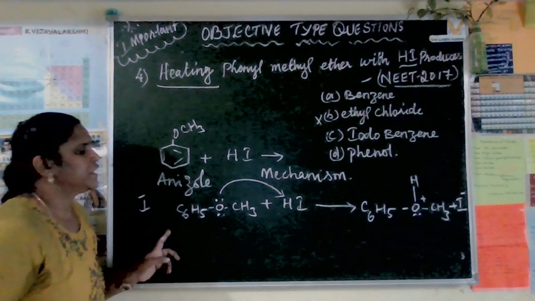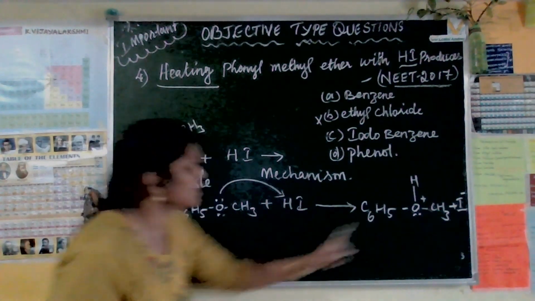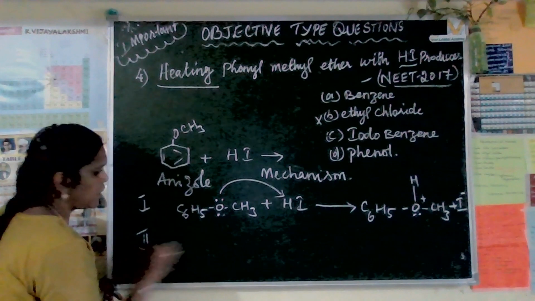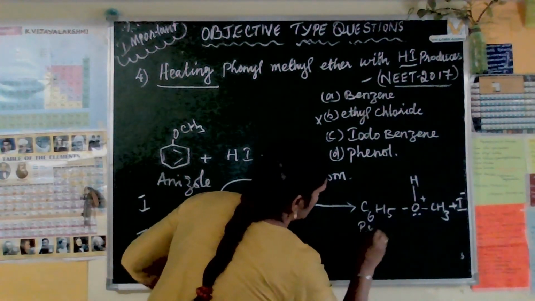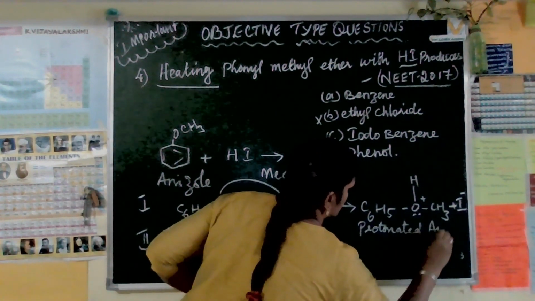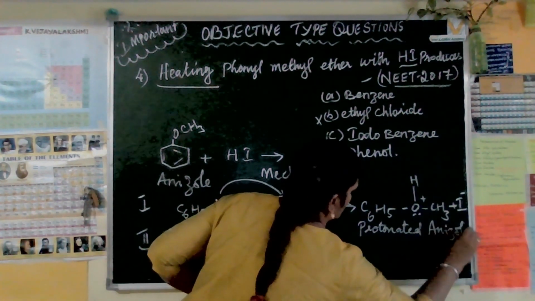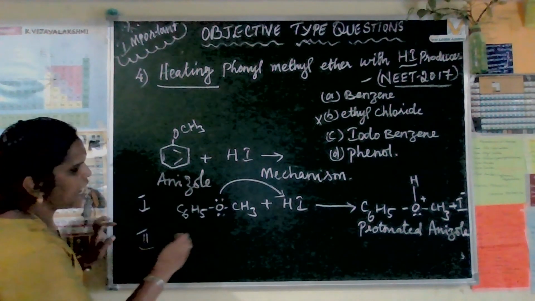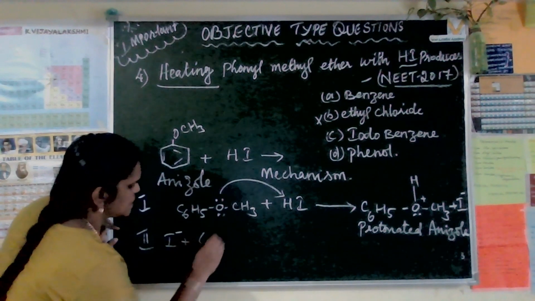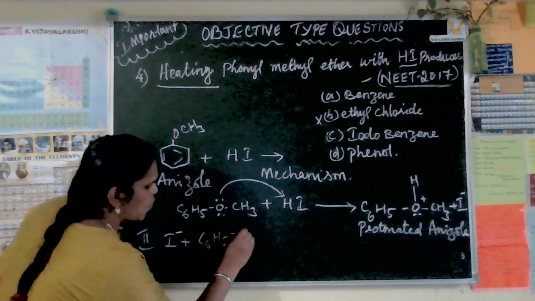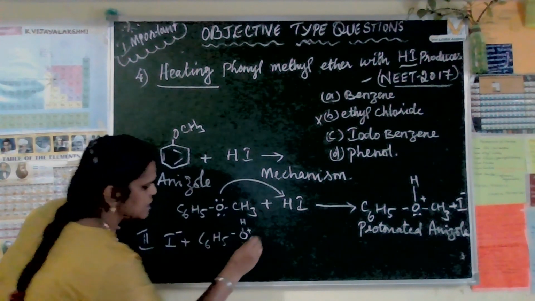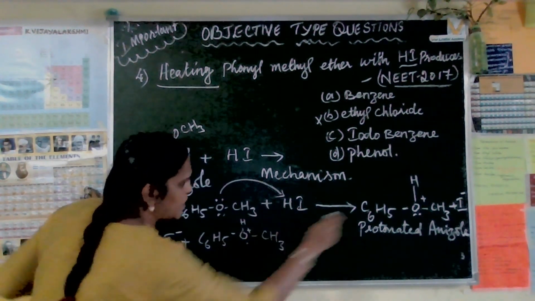Now we are going for the second step. This is protonated anisole. Now this I minus, C6H5O, here lone pair, here hydrogen, here positive charge, here CH3. That is what I have mentioned here.